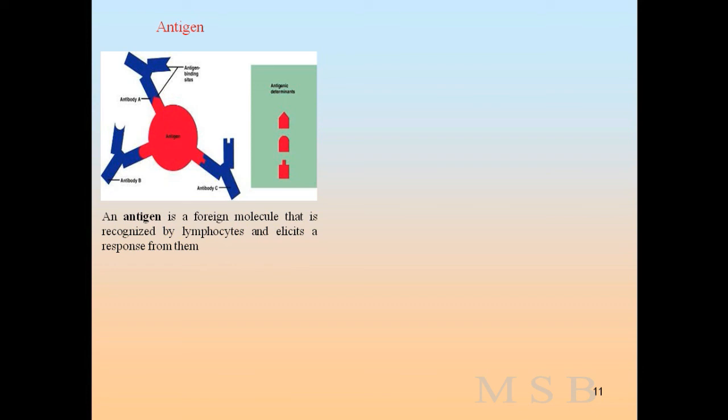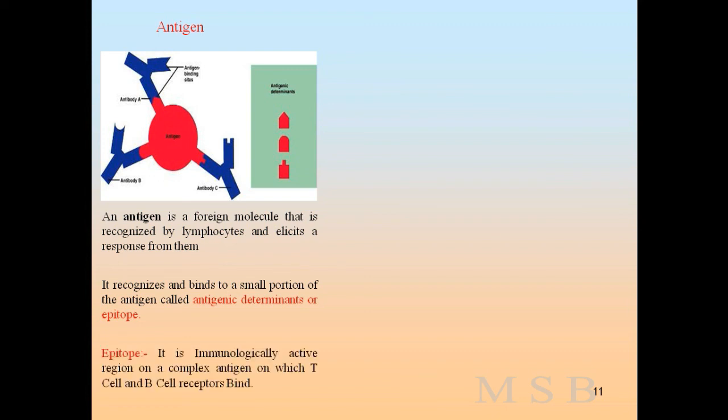The immune system recognizes the antigen, but it does not recognize the whole antigen. It recognizes and binds to a small portion of the antigen called the antigenic determinant or epitope. So what is an epitope?